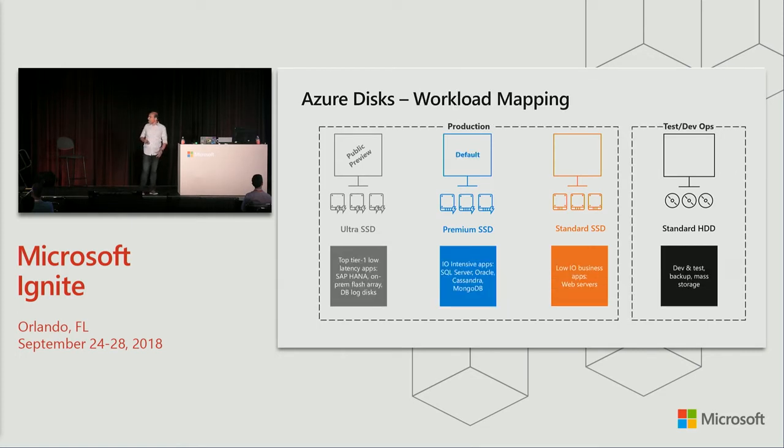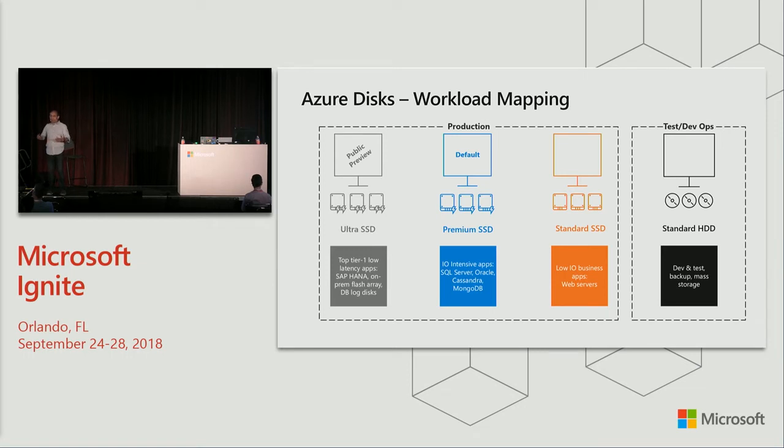Now that we know that, let's look at how that maps to typical workload scenarios. This is a generic mapping, general guidelines for mapping different types of workloads into the disk types. For ultra SSD, your most IO-intensive, largest, most mission-critical workloads will map into ultra SSD.